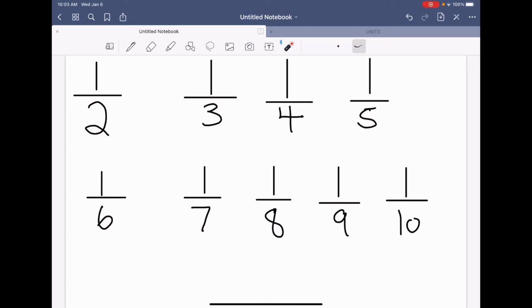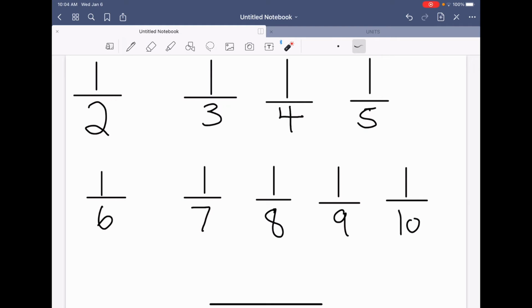As we learned before, this top number is the numerator. This 1 is the numerator. The bottom is the denominator. Again, the top is numerator and the bottom is denominator.